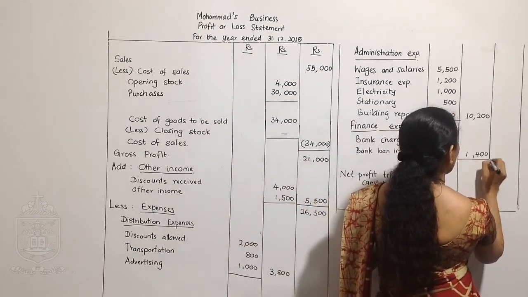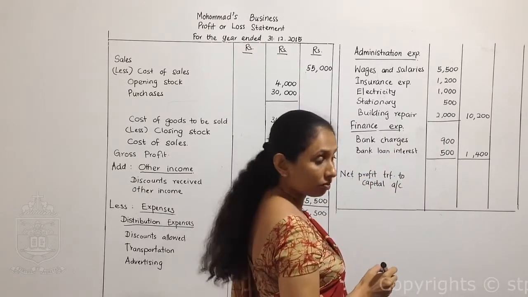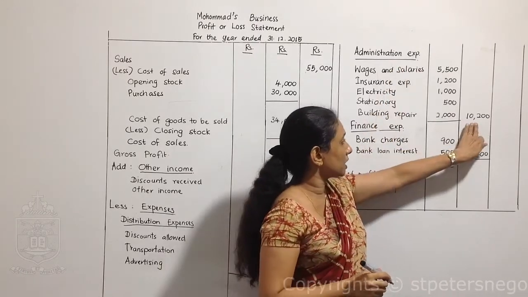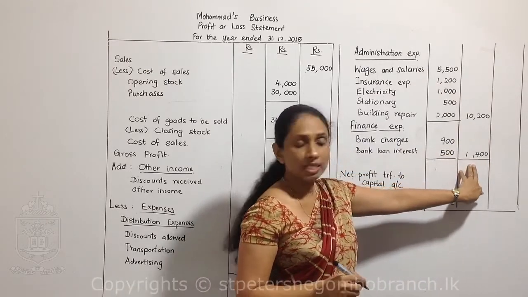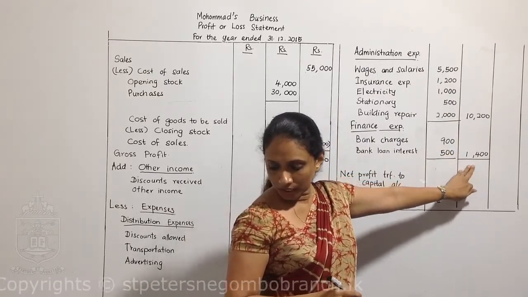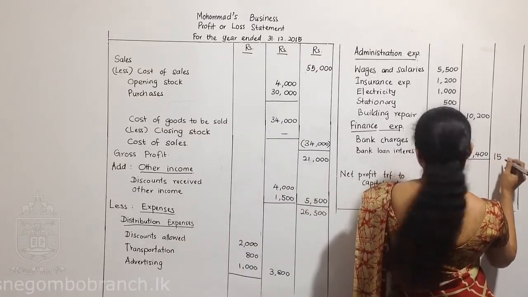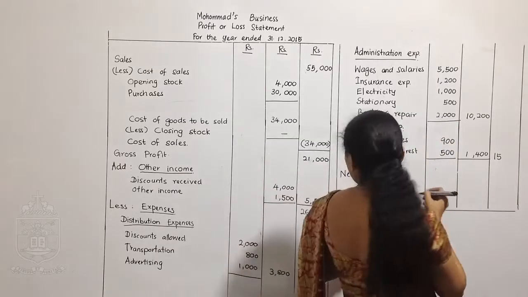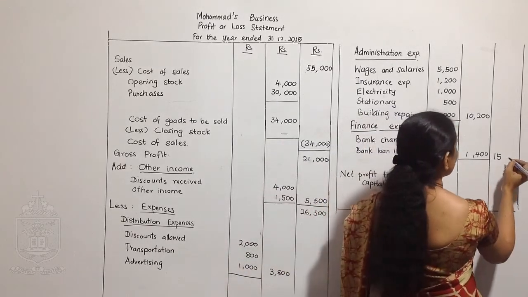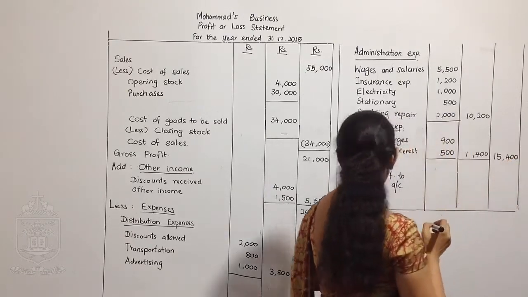Then we'll add all the expense categories together. We have 3,800 of distribution expenses, administration expenses of 10,200 plus finance expenses of 1,400. Altogether we have 15,400 of total expenses.